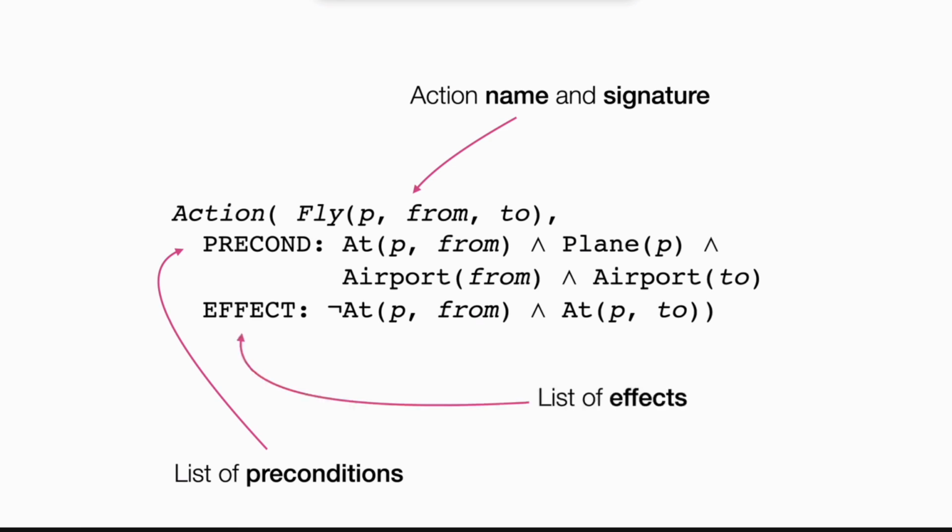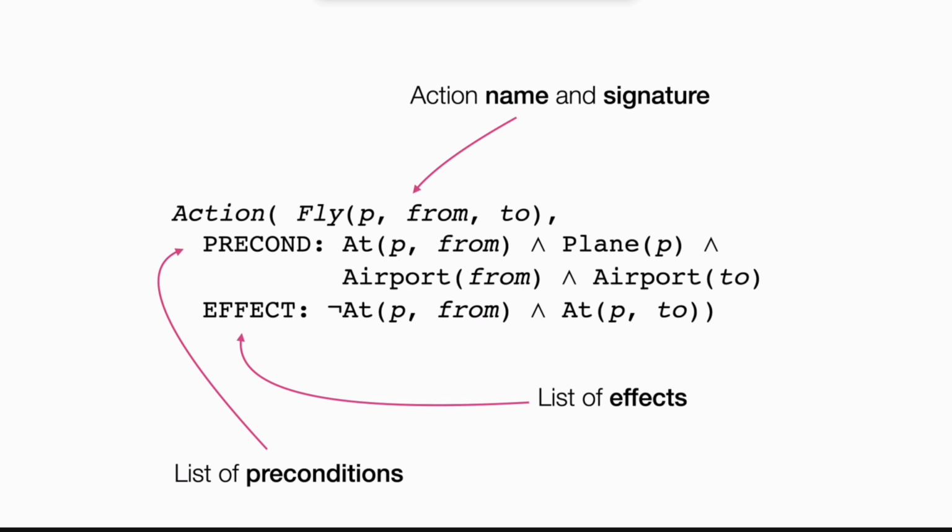And then the effect is a list of the changes that occur within the state. So here the effect is that P is no longer at the from airport, but it is now at the to airport.